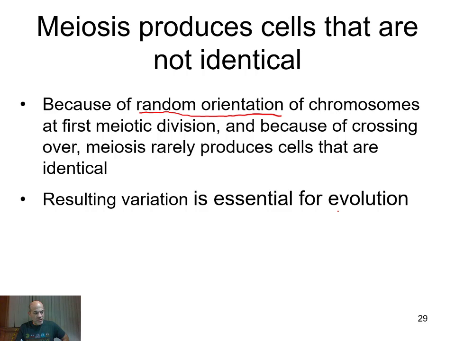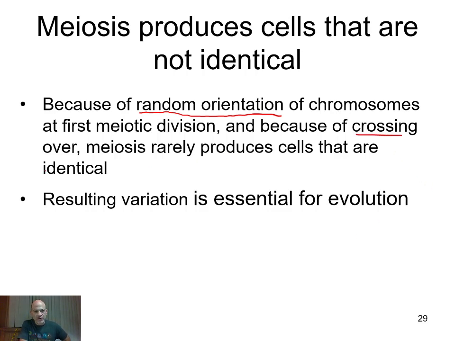So in an extreme situation, and it's a probability, small as it may be, any one of those orientations is possible. It is possible to get all paternal on one side and all maternal on the other side of the metaphase plate. And then you can start playing around with every possible permutation. In humans, you get over 8 million combinations because of the 23 pairs.